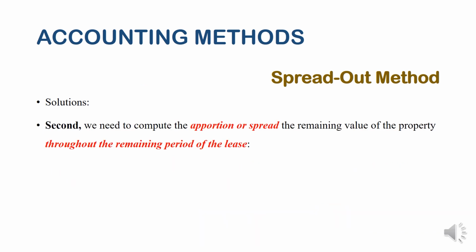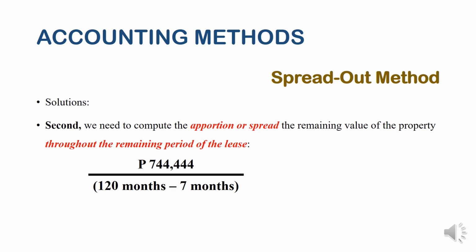So our second step will be to compute, apportion, or spread the remaining value of the property throughout the remaining period of the lease. So if the estimated book value of the leasehold improvement is 744,444, then we will divide that by 120 minus 7 months.